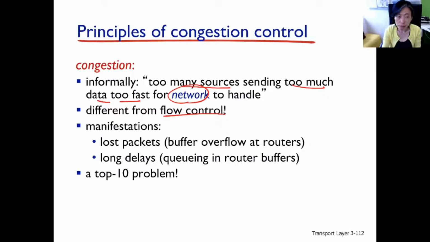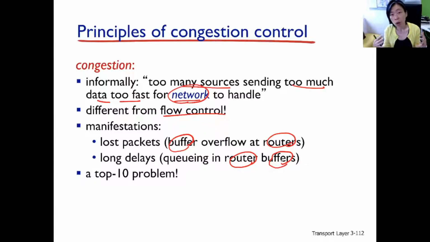Now, when we're talking about network congestion, congestion is occurring here, at the routers. These are the machines in the core of the internet. And the resource that we're exhausting when congestion occurs is the buffer space. So router buffer is the resource that we're trying to handle.